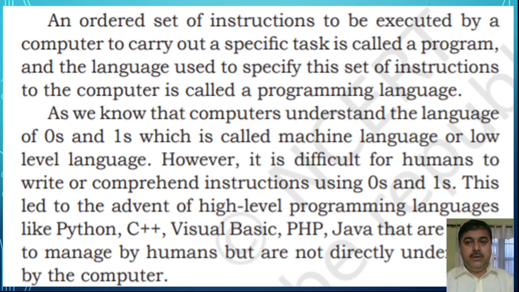Python. What we find is that we have different types of programming languages. We set up different patterns of programming language, and those different patterns are going to execute and carry out different tasks. It will specify a specific task, and that is called a program.